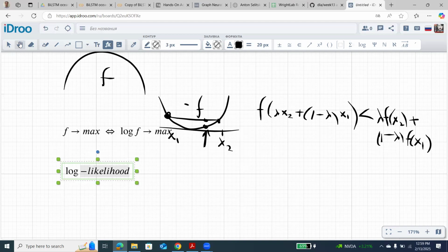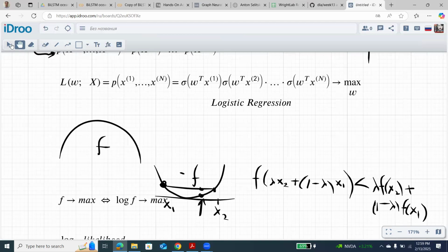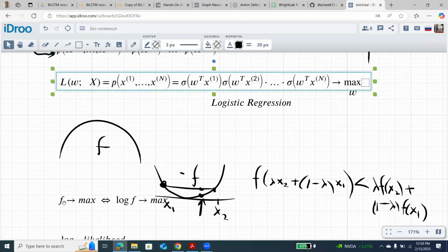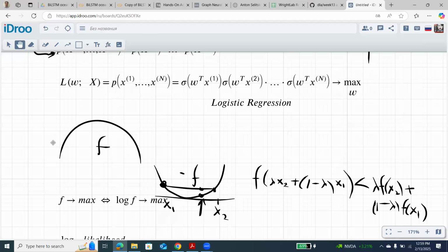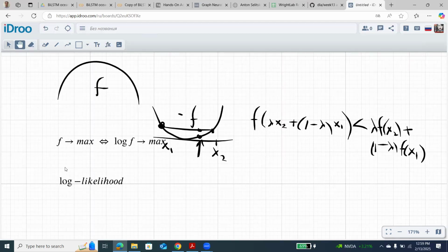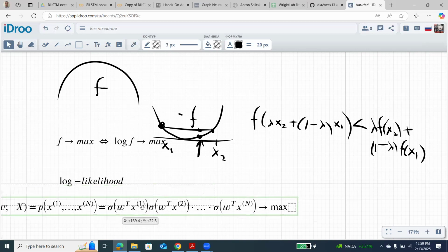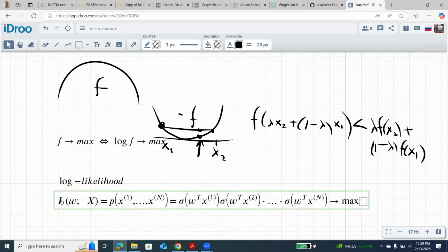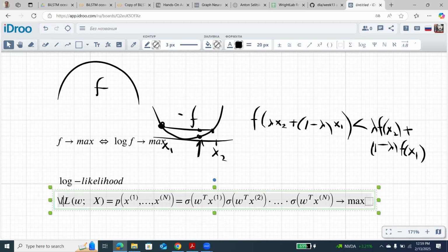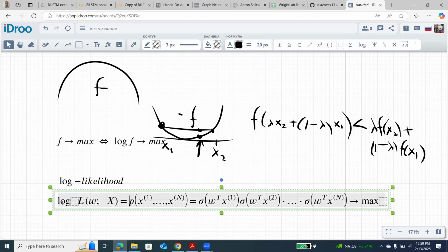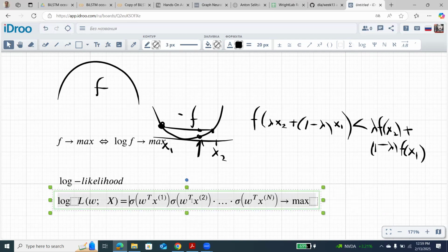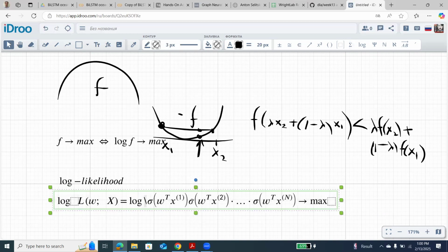So instead of maximizing the product, so now we're going to the first problem. We will maximize the log of this. And I will use the notation of the product, capital pi. Oh, maybe it's better to use just prod.